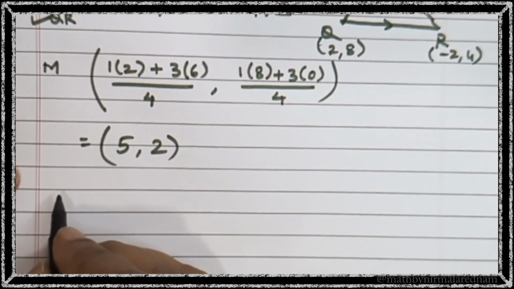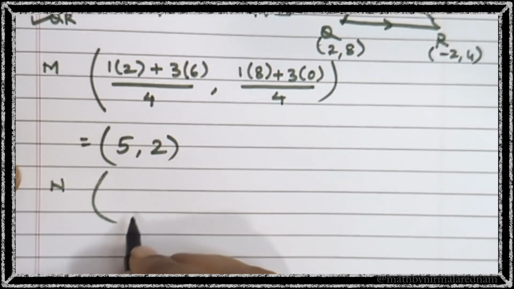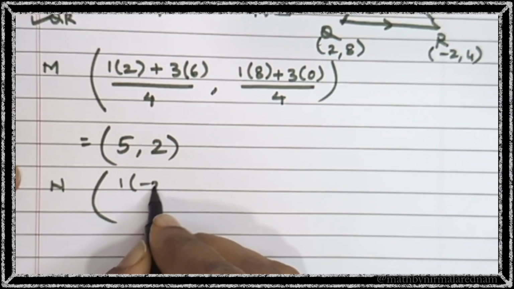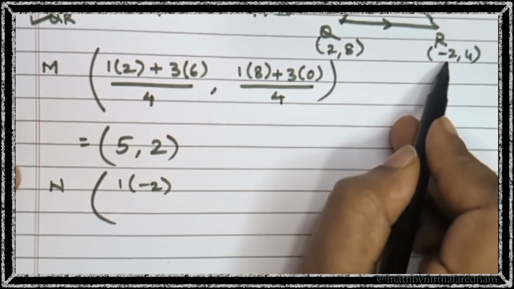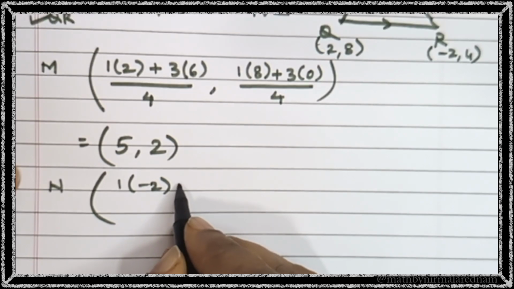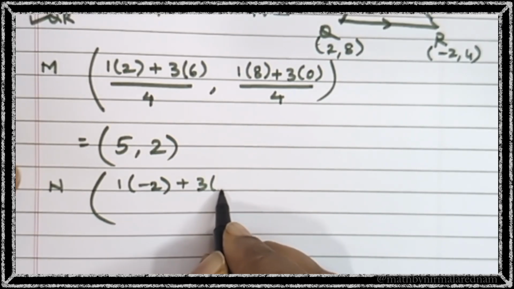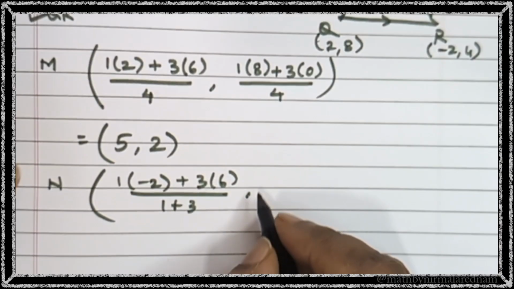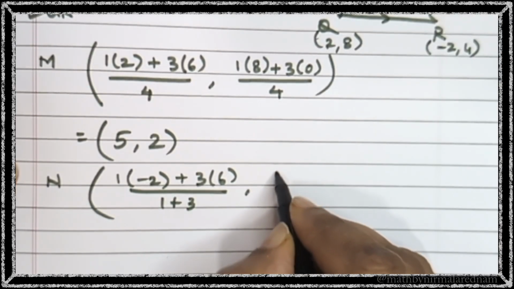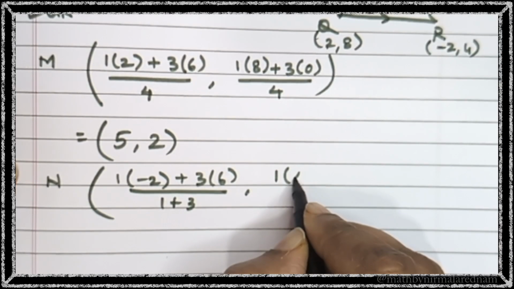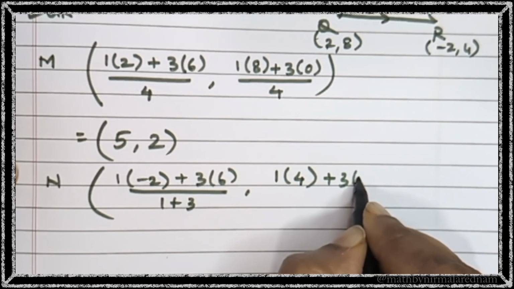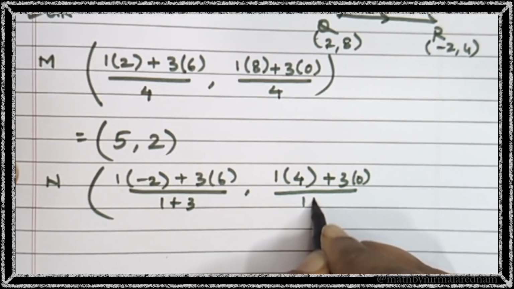Now let's find N. Similarly, you can find N as m into x2, minus 2, plus n into x1, by m plus n. Okay. And I have m into y2, which is 4, and n into y1, which is 0, by m plus n.